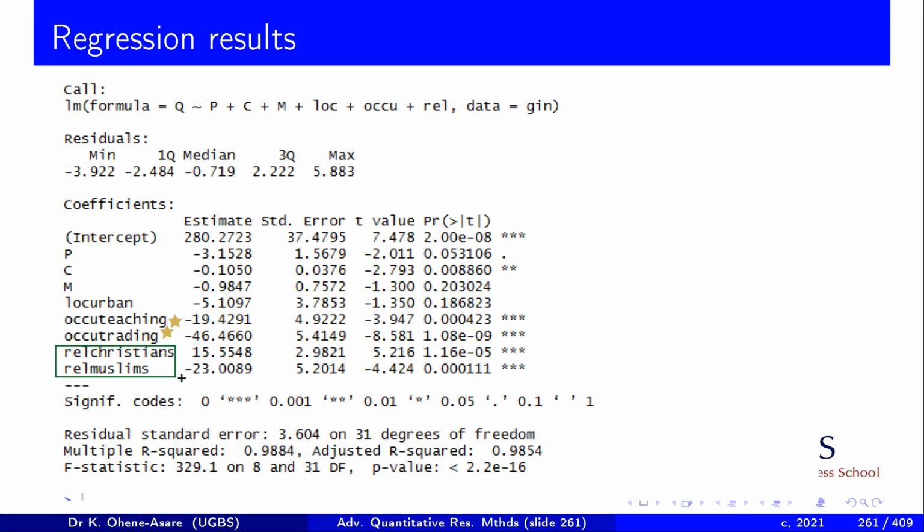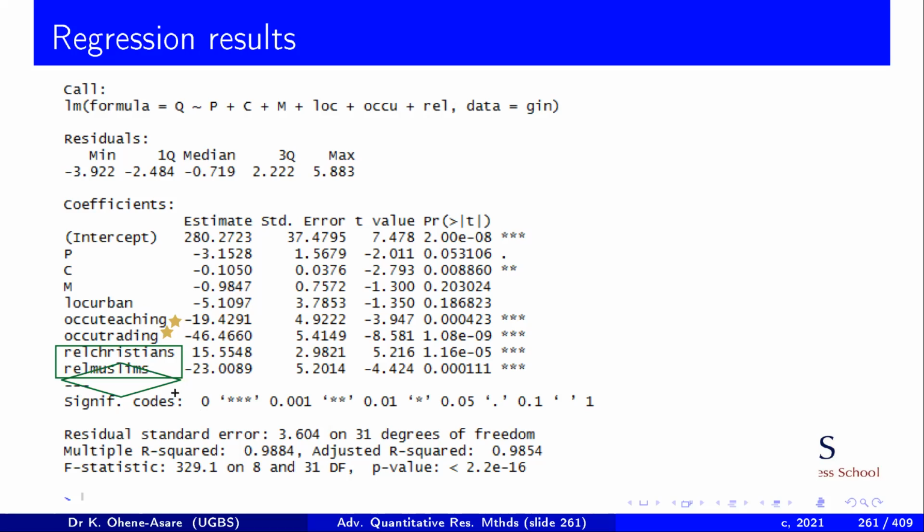And like I've already said, the reference category is Buddhist. So I must have that at the back of my mind before I start my interpretation. So I'm going to do religion Muslim, that's what I'm going to interpret right here.